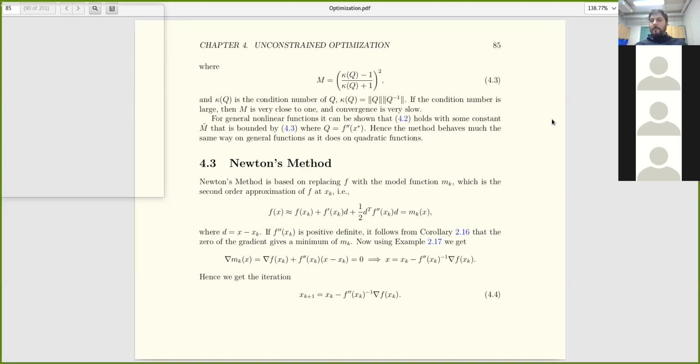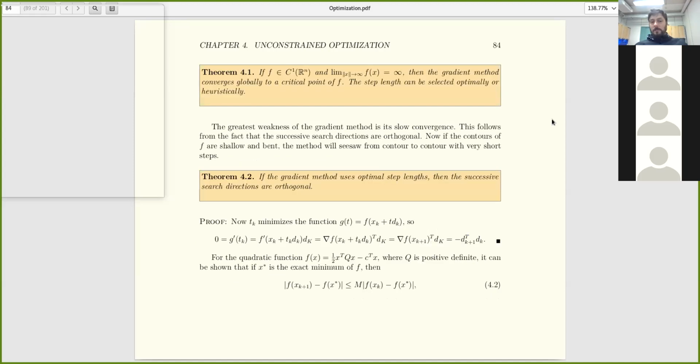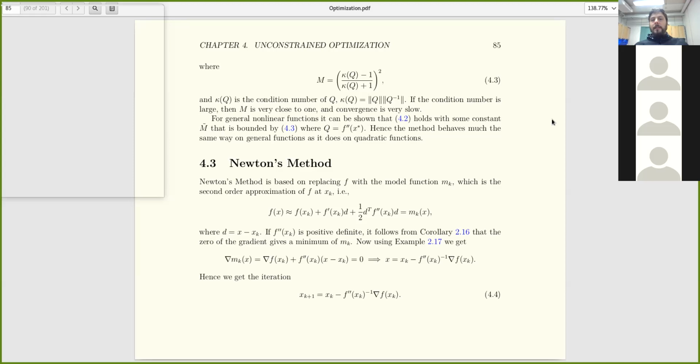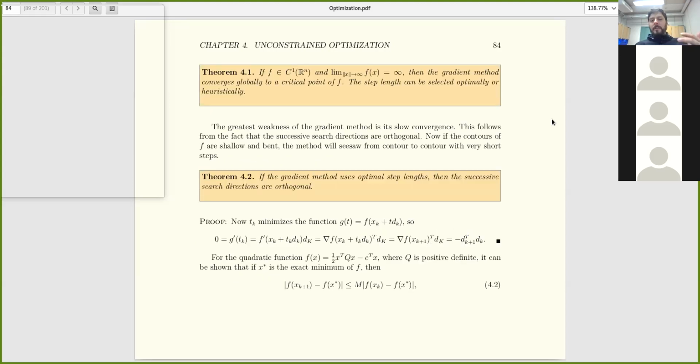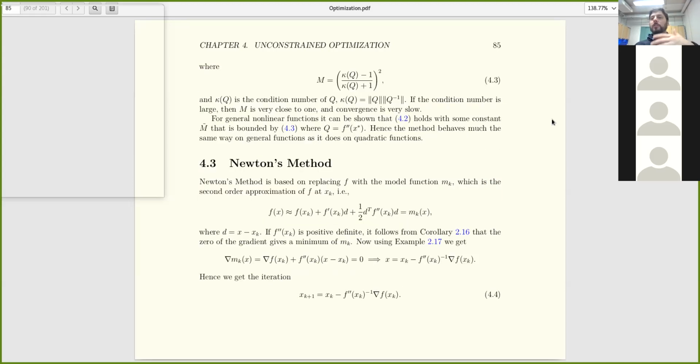definition here. We're going to have a short teamwork here. You look it up and see what the condition number means. But the basic fact is that if the condition number is large, then the m, the coefficient in this linear convergence, is very close to 1, and it means that the method will converge very slowly, even with quadratic functions.